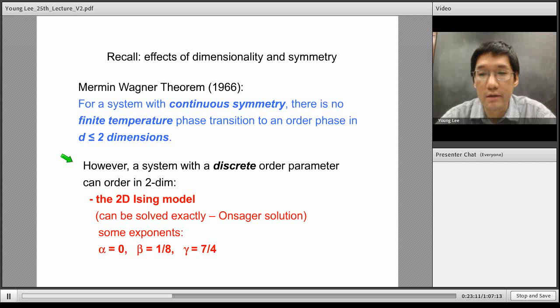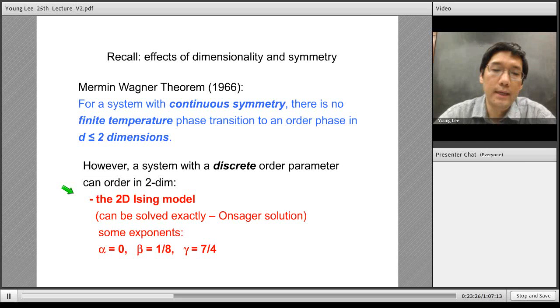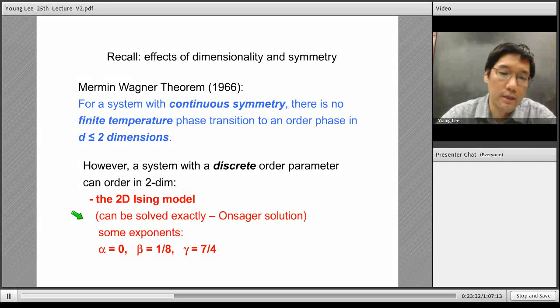Now, you can have phase transitions in 2 dimensions if you have a discrete order parameter. And a quite famous example of that is the 2D Ising model, where the spins are constrained to be either up or down. There is an exact solution, and Onsager first worked that out, and you can calculate the exponents in that model.